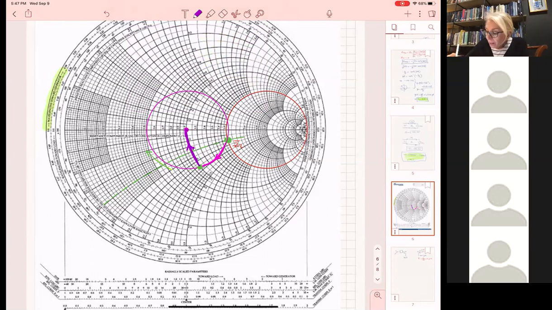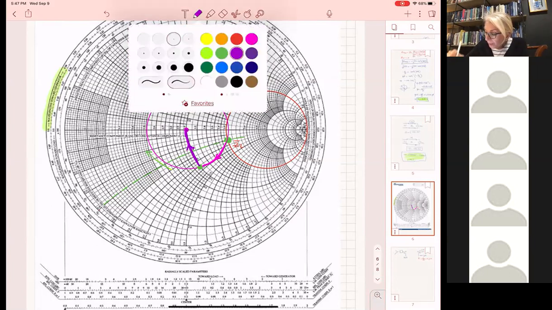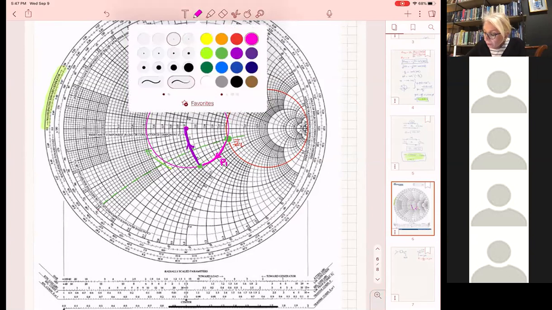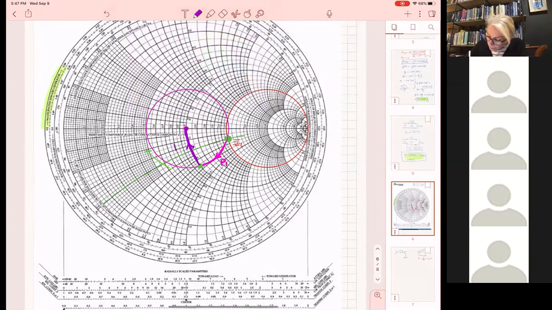So practically, I have 2 paths. I have path 1 that tells me that I have to travel along a transmission line, so I have to put a section of a transmission line, and then I travel along this path, P2, that tells me that I have to put a stub. Any questions so far?